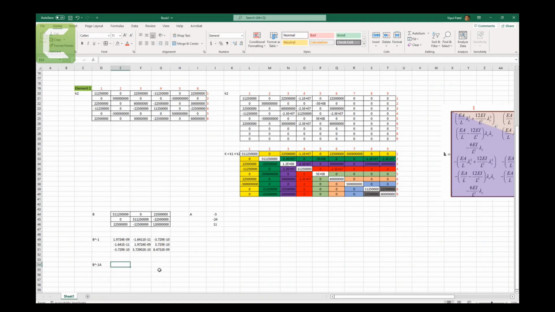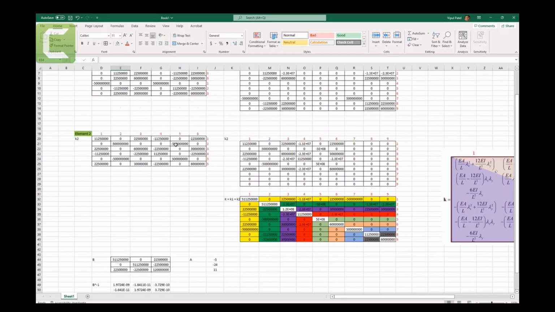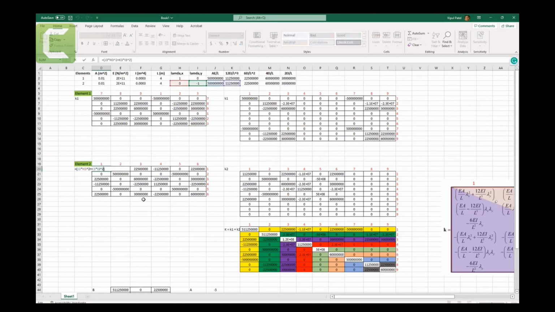I think it is going to be a 3 by 3 matrix, so we can put it like this. You know the story, right? K2, 1, 1. Just watch me.